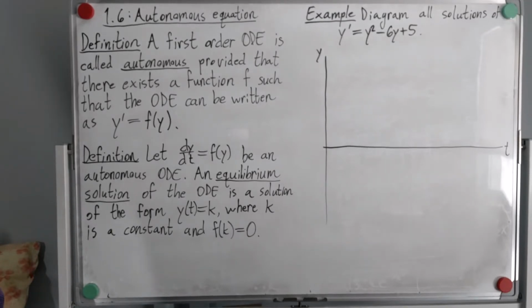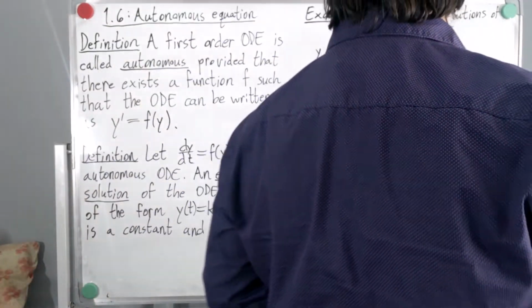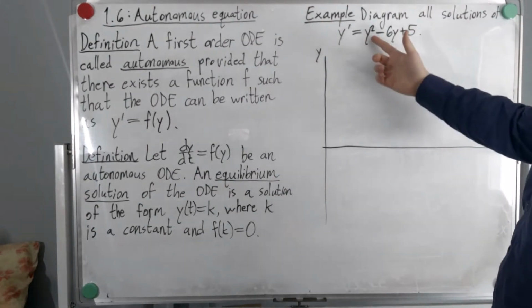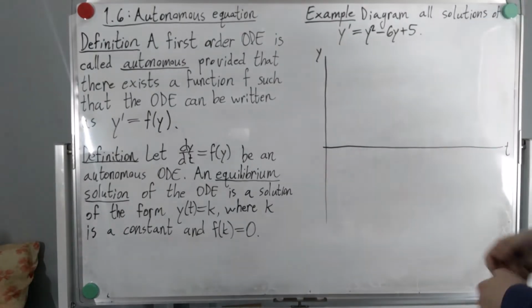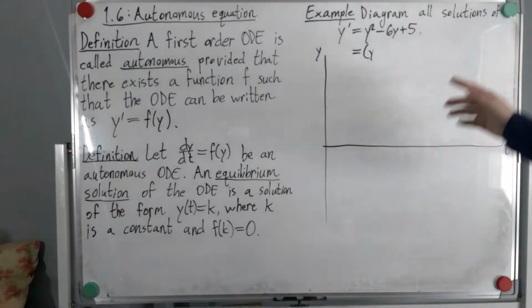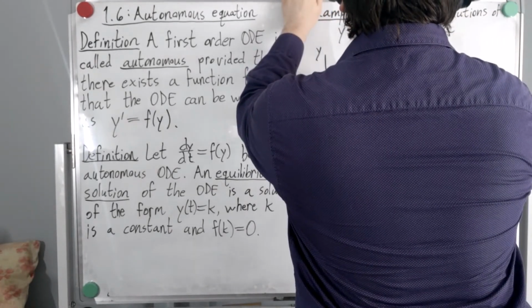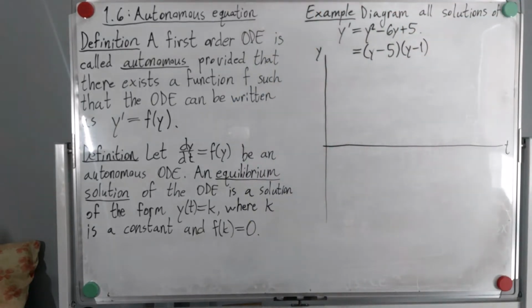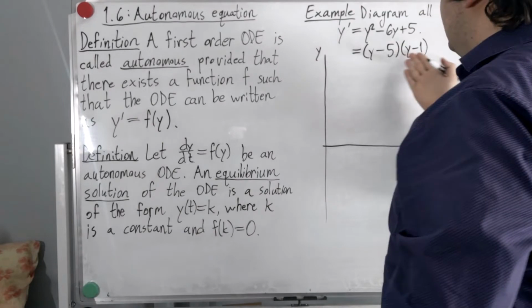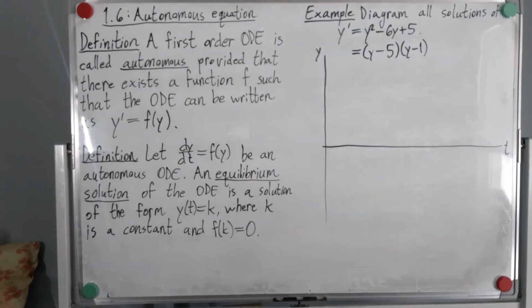So the first part of drawing the solution curves of this is to find the equilibrium solutions. So equilibrium solutions would be where this right-hand side, and therefore the left-hand side as well, is 0. So this right here can be factored as y minus 5, y minus 1. And then if we think about where that is 0, well, there are two locations where that is 0. One of them is y equals 5. The other one is y equals 1.